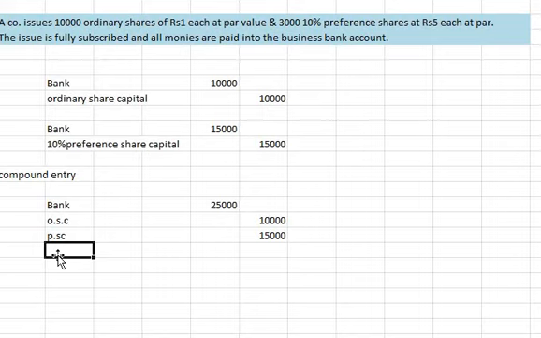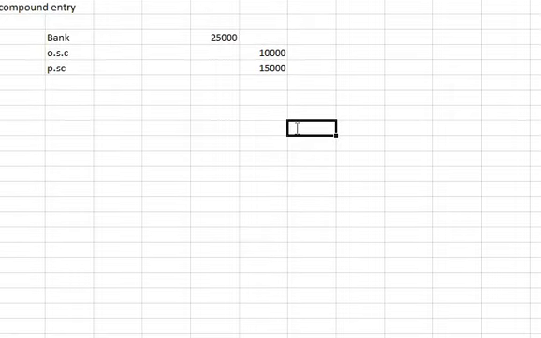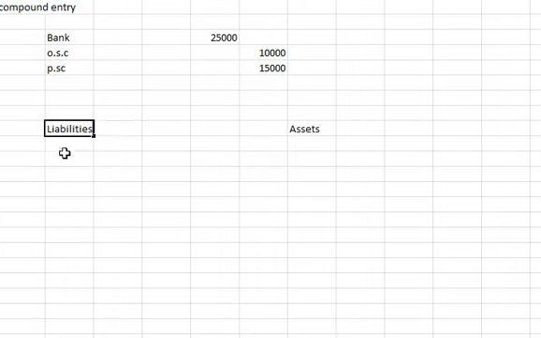Now for your balance sheet, how can we record? As in the previous case, we will have the asset side and the liability side. On the asset side we have only one asset, that is bank. So bank total amount is 25,000, and on the liability side you have share capital and reserves.